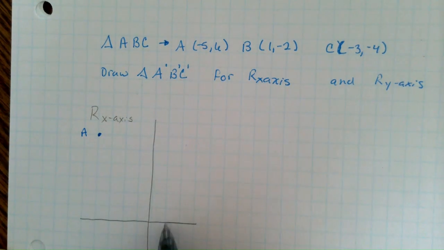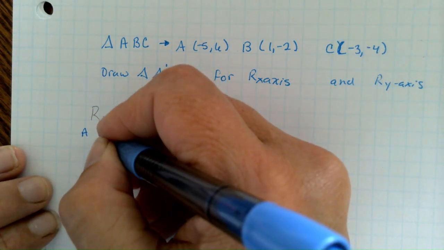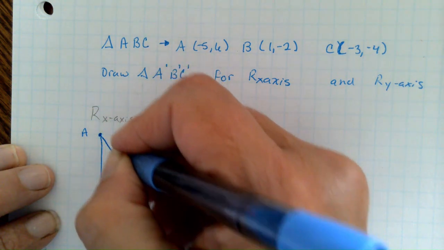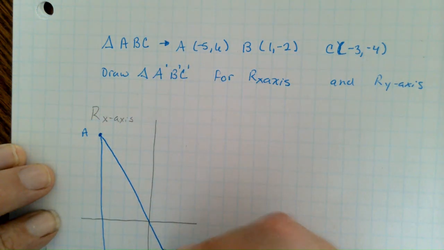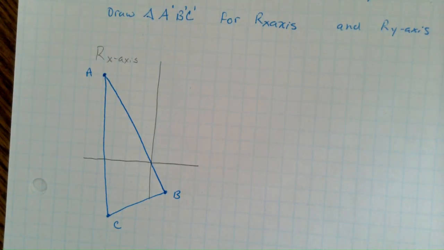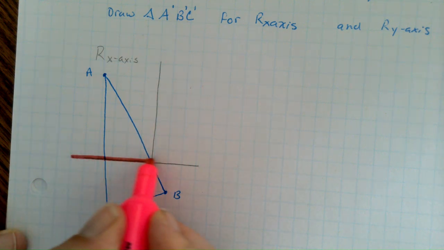A, 1, -2, there's B, -3, -4, there's C. Okay, and remember we're reflecting over the x-axis.